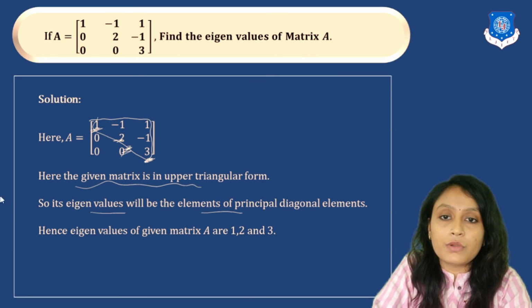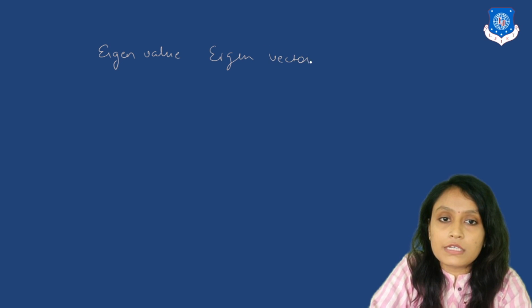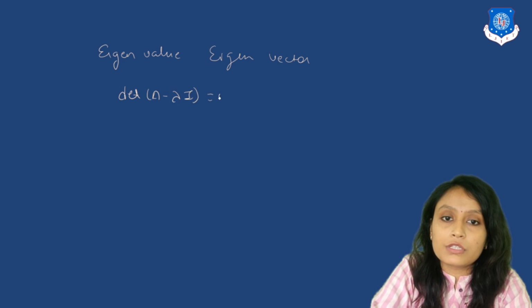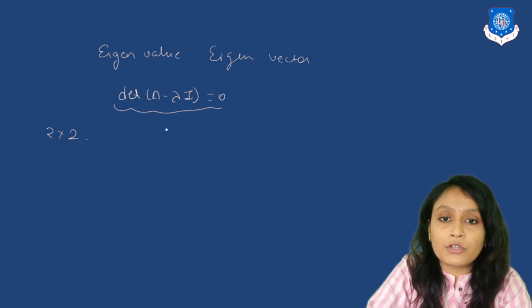Okay, so in today's session we studied eigenvalues and eigenvectors. Firstly, to find eigenvalues, we have to find determinant of A minus lambda I equals 0. This is the characteristic equation. Now we have a shortcut technique for 2 cross 2 matrix and 3 cross 3 matrix.